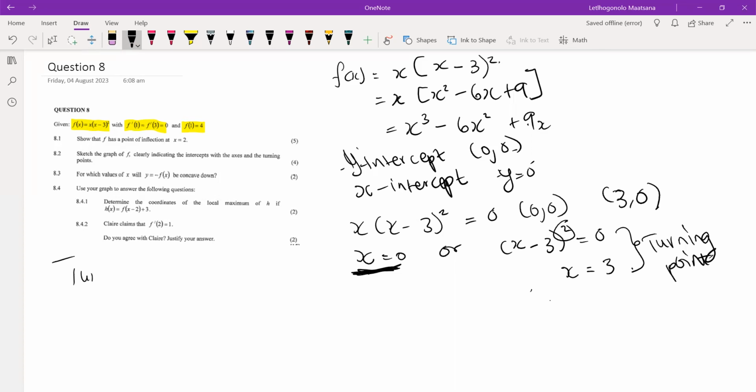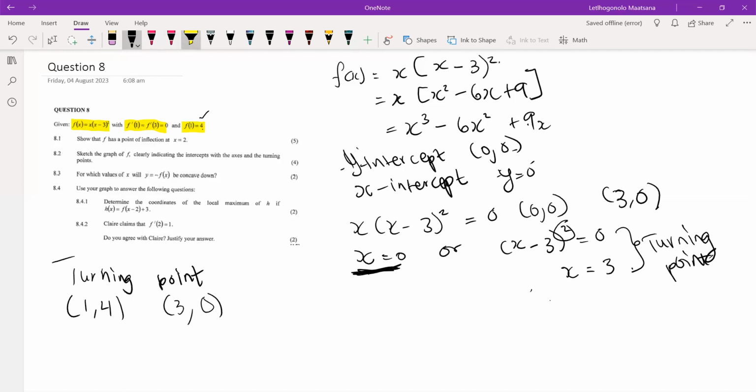For the turning point, we already know we have a turning point at x is equal to 1 and y is 4, where the first derivative is equal to 0. And our second turning point is over here, where x is equal to 3 and y is equal to 0.